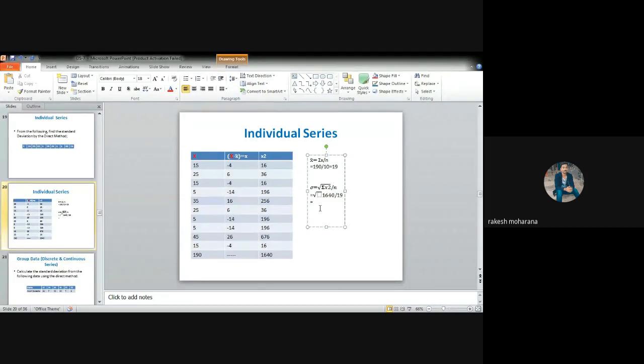Mean is 19. 640 divided by 10, so how much? 64, square root is 8. Sir, 8. 0.8 is the correct answer.